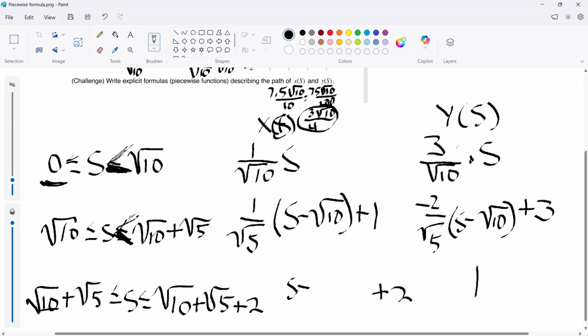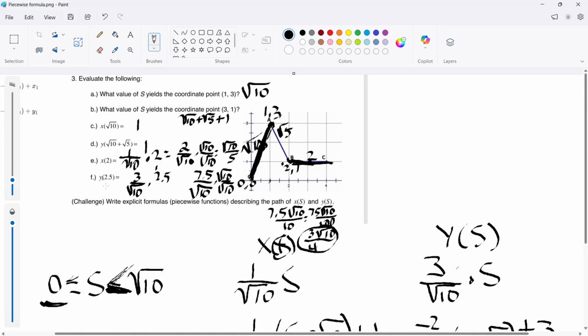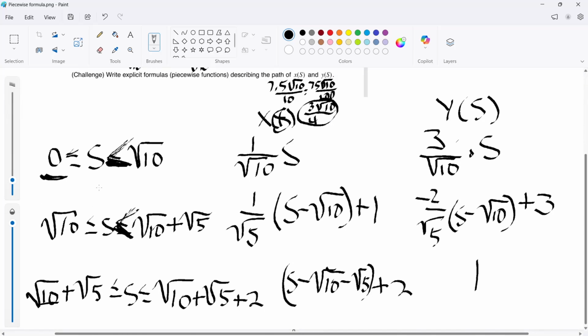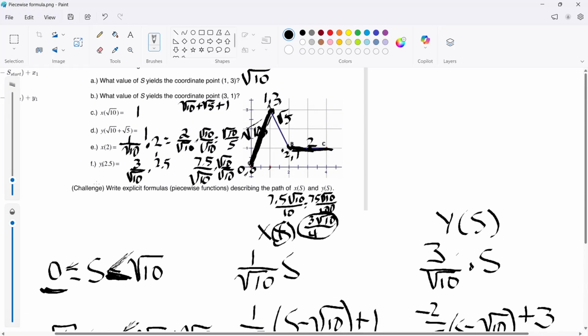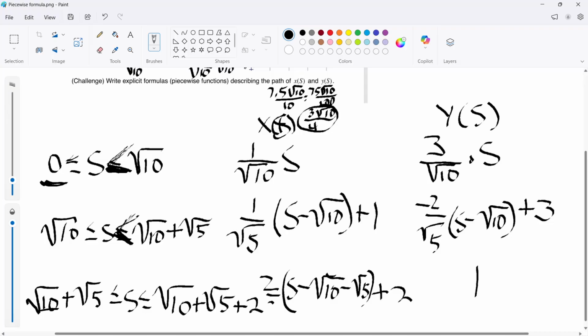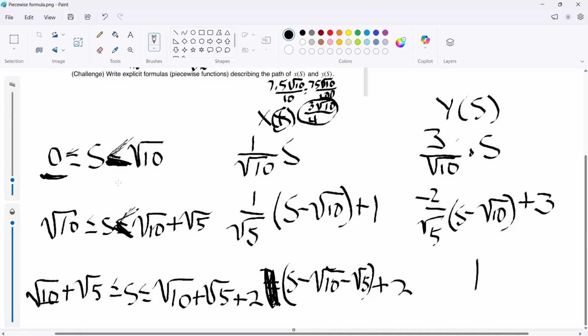So it's s minus square root of 10 minus square root of 5. And I'm going to multiply that by something. How much does the x change? The x changes by 2. And what's the distance it travels? 2. So that's just 1. That term just drops out, basically. So it's s minus square root of 10 minus square root of 5 plus 2 for x.